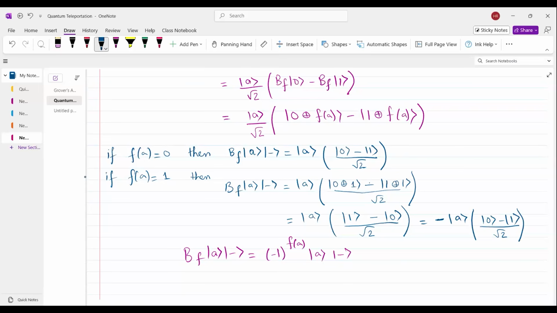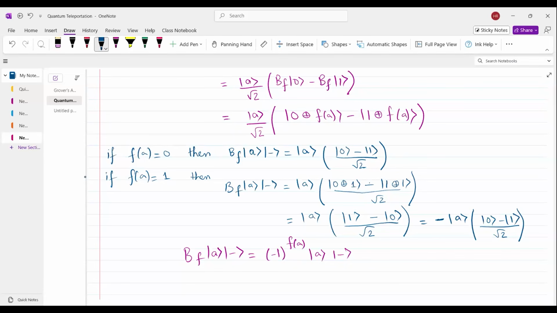So essentially, when we apply this operation B of f over these states, the operation of B of f on the ancilla qubit has been shifted to the phase of the entire state. Now we have minus 1 to the power f of a. When f of a is equal to 1, this becomes minus, which is what we saw when we discussed both cases separately.